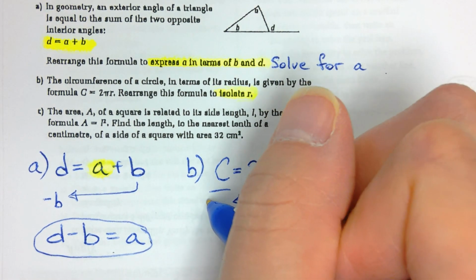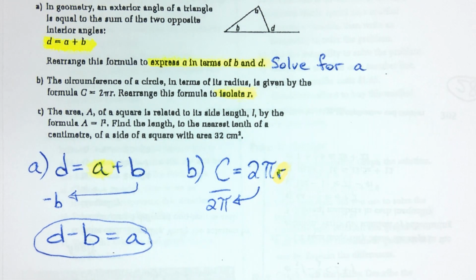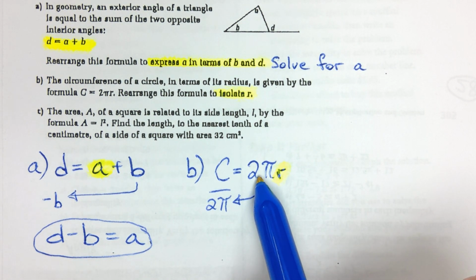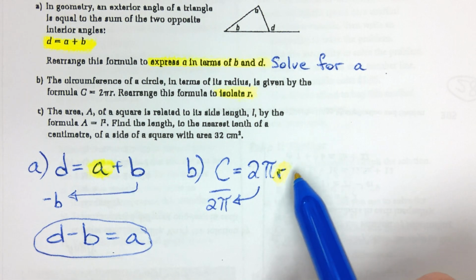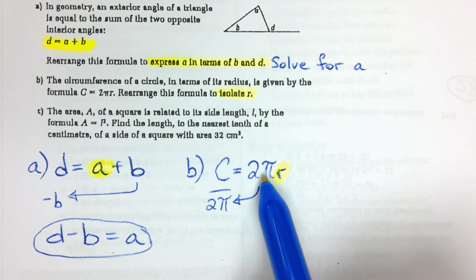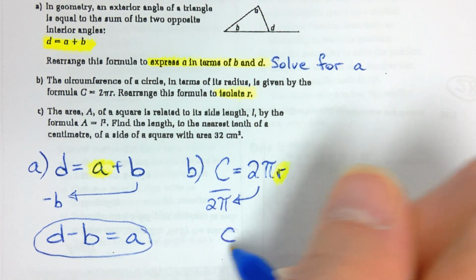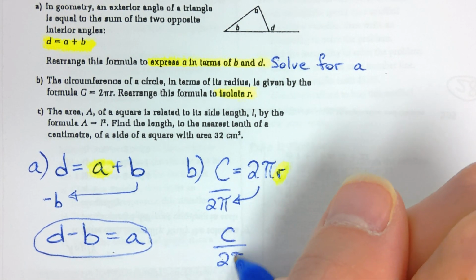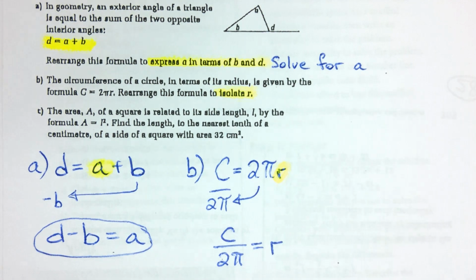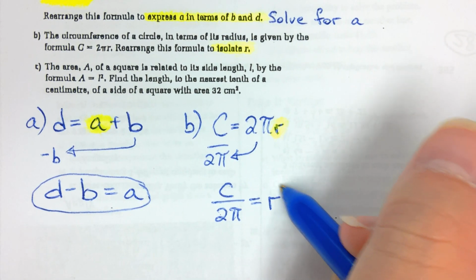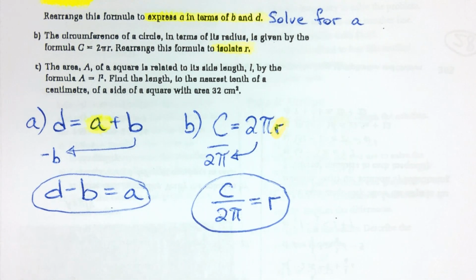Yeah, so I'm just dividing by 2 pi. You could think of it as dividing by 2 and then dividing by pi, but it's just the same thing as dividing by 2 pi all at once. So my equation, after I rearrange the order, is simply just this. Again, it looks really weird. It looks wrong, but it's right.